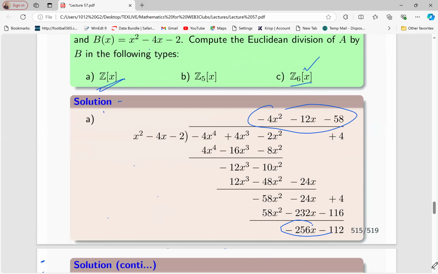So I want first of all to get the quotient mod 6. Negative 4 mod 6 is the same as 2. And you know what I've done? I've just added 6 to it. Was this a negative number? Add 6 to it.